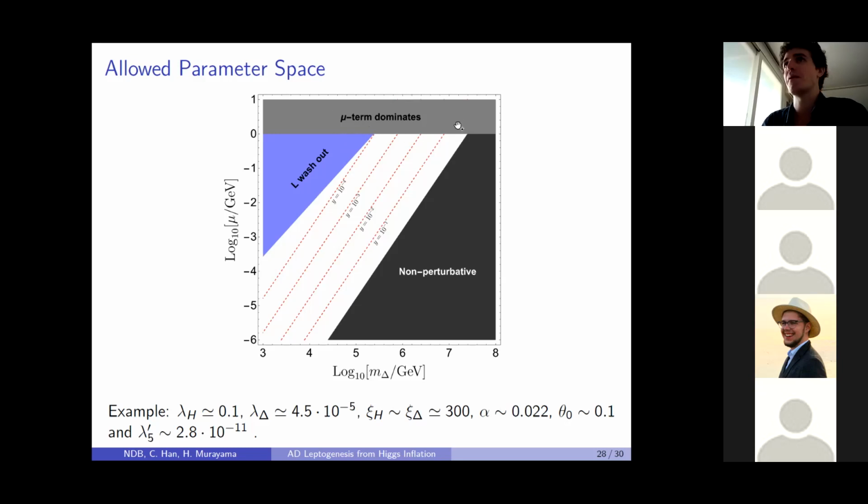So although it may be possible to get successful leptogenesis through this model, it's not something that we can easily model analytically or even numerically. It becomes very complicated. So we settled for this nice region that we can easily calculate for.